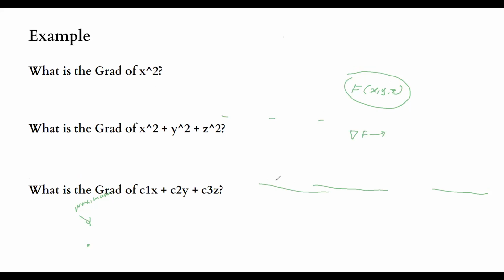So can we do the first one? Yeah, we will get a vector, right? The reason is that i hat, j hat, k hat are vectors.